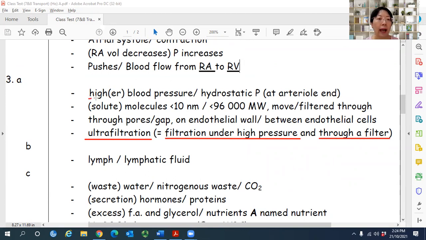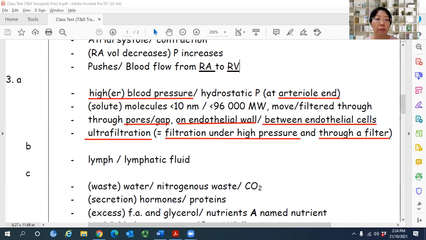There's high blood pressure or hydrostatic pressure at the arterial end of the capillary. This pressure will force the blood plasma to flow through the pores or gaps found on the endothelial wall, which is the capillary wall, or this gap is found between the endothelial cells.